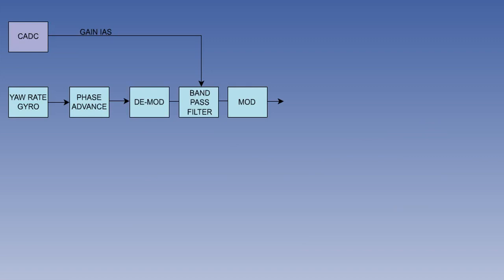The Dutch roll filter has an input from the central air data computer, which supplies indicated airspeed. This is required as the yaw damper signal for a given rate of oscillation is varied inversely dependent on the airspeed. To recap, the signal has come from the yaw rate gyro through phase advance, being demodulated, passed through the Dutch roll filter, and then sent to a modulator.